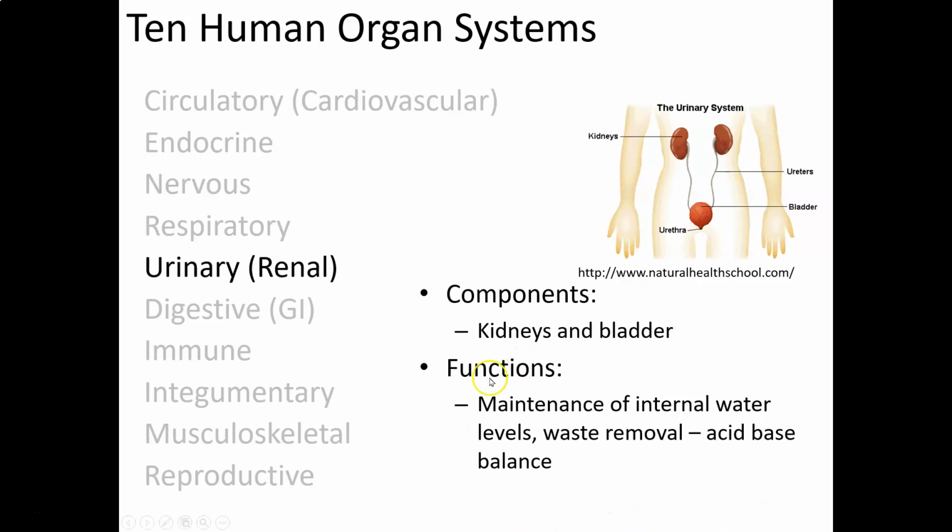So just as a quick review, there are 2 systems that are responsible for maintaining homeostasis from a major point of view. That's the endocrine and the nervous. There are also 2 systems primarily responsible for maintaining acid-base balance, and that would be the respiratory and renal.